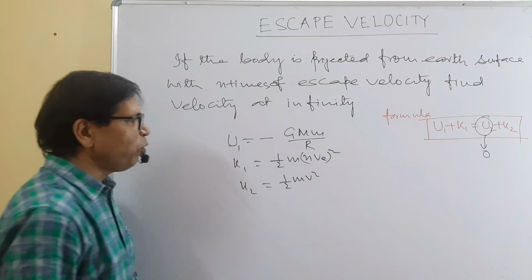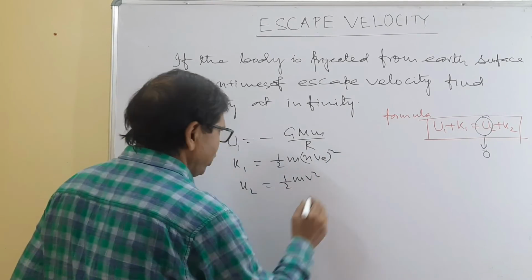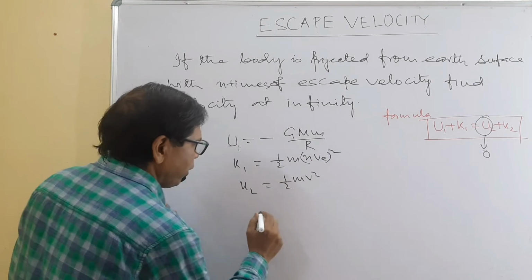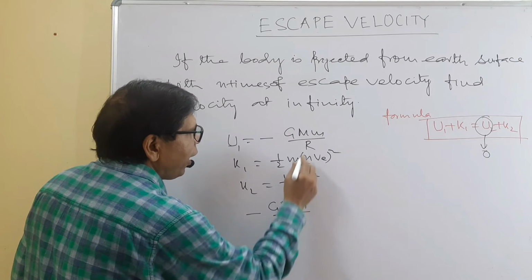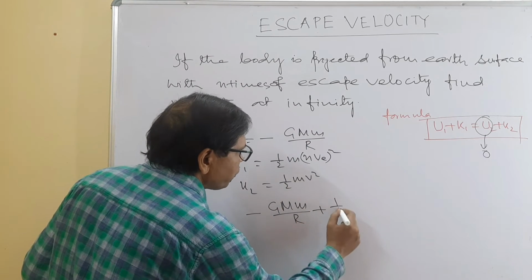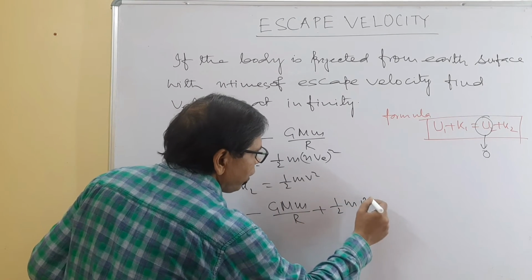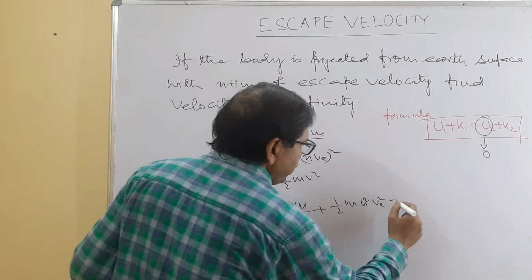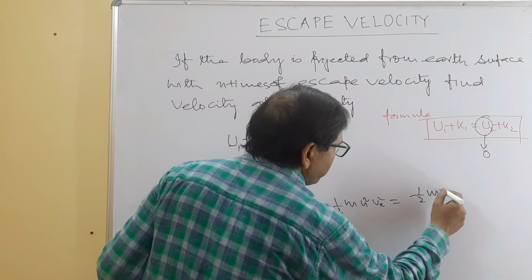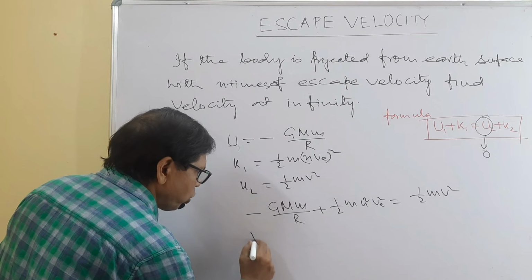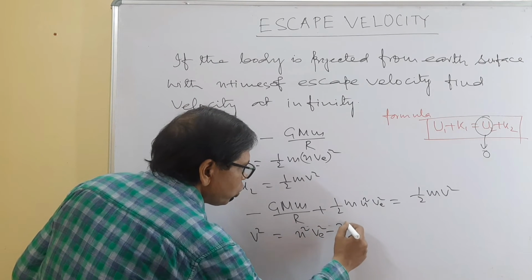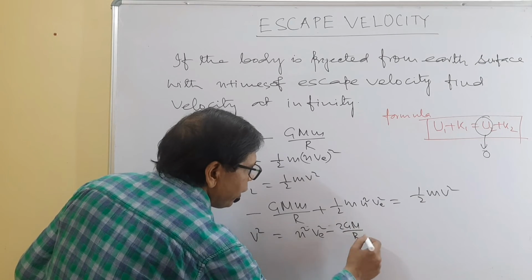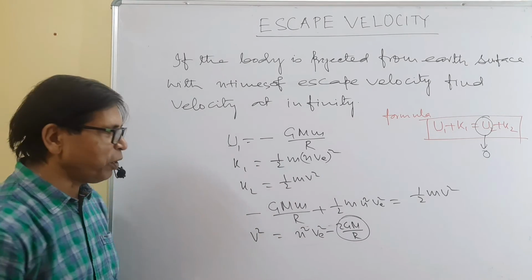Now look at this. Putting this in the equation, U1 plus K1: minus G capital M small m by R, and this plus half m n square ve square is equal to half m v square. So v square is equal to n square ve square minus 2GM by R. Now 2GM by R equals ve square.